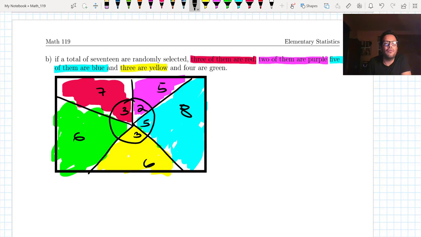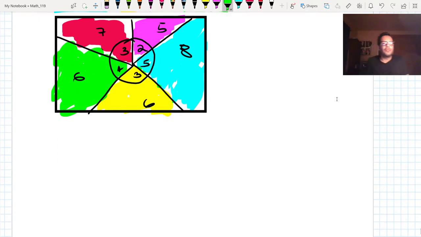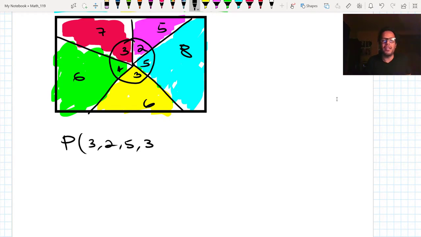And 4 are green. Okay. Oops, not blue, it's green. Okay, so we are going to find the probability of getting 3 red, 2 purple, 5 blue, 3 yellow, and 4 green.